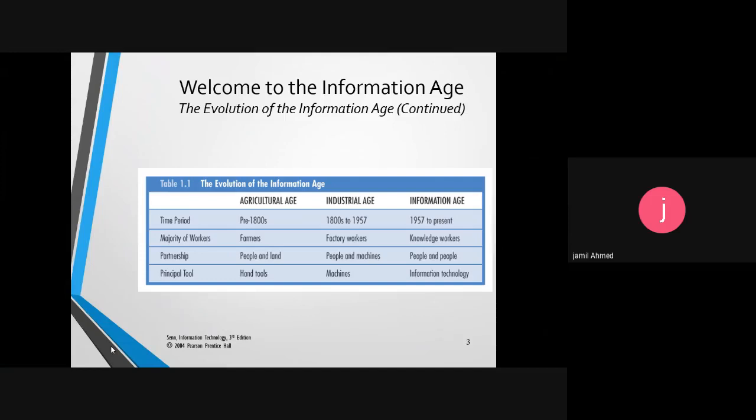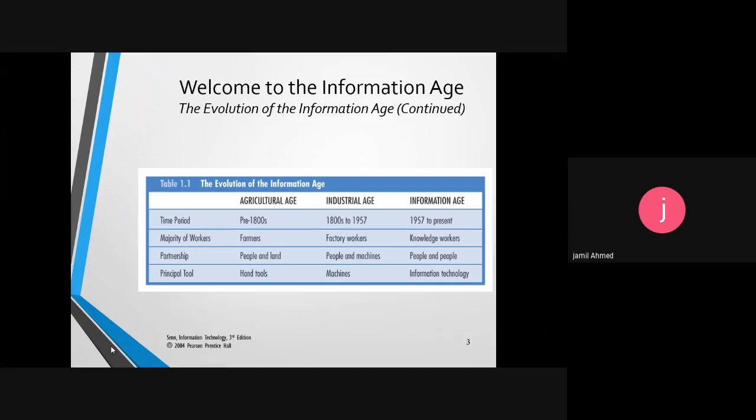And after that, the information age from 1957 to present. But the creation of information technology was not there until the Ministry of Defense launched its first application, a successful experiment, in 1969.